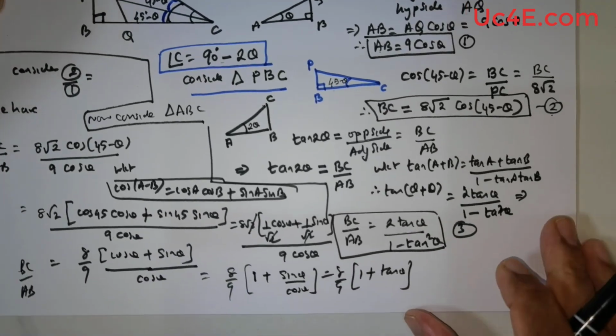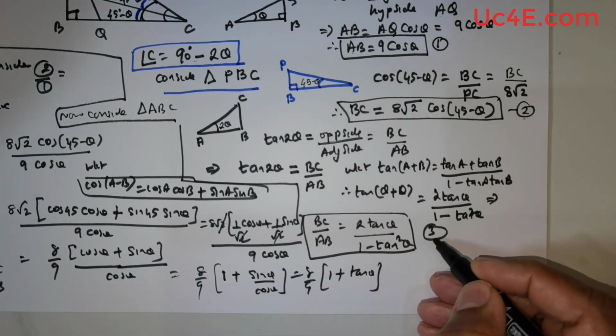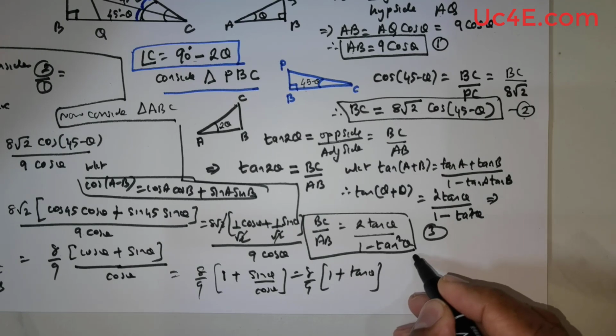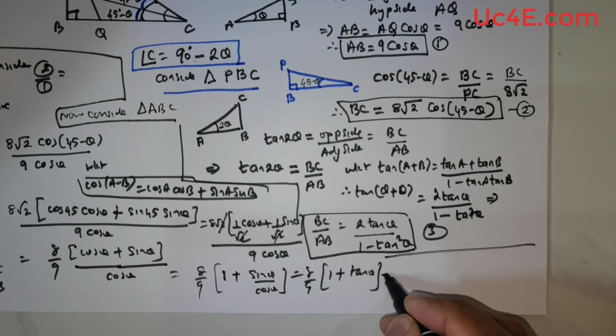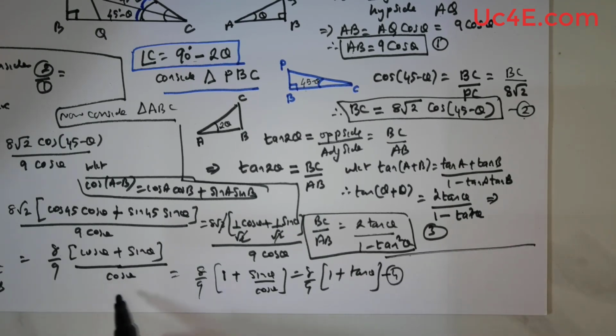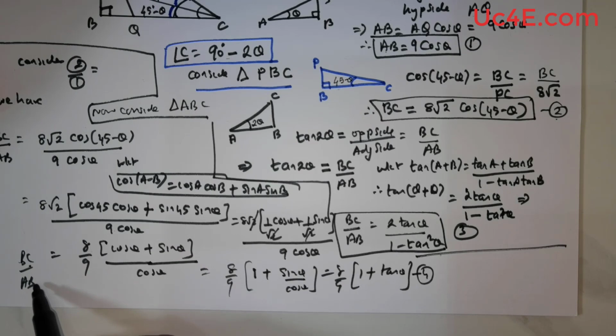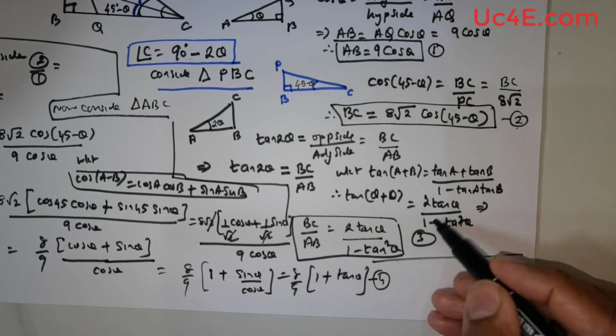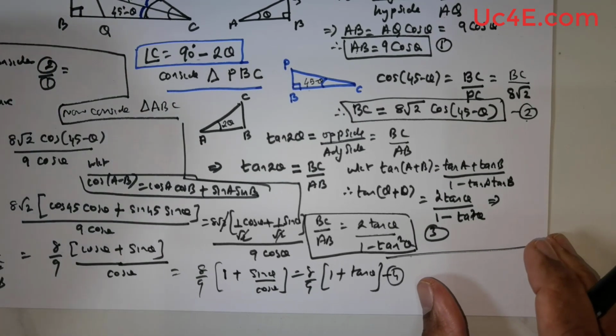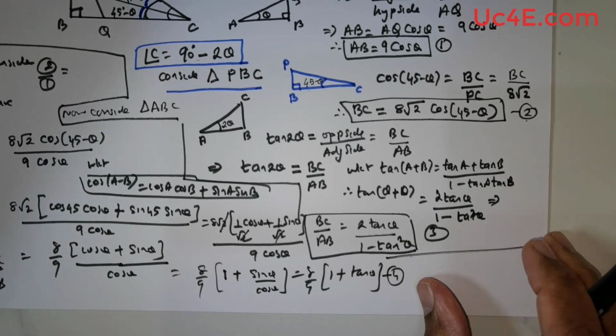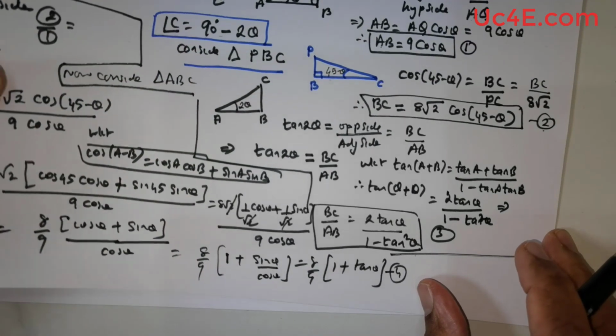But I already have a BC over AB in 3. So if I take this as 4, I can equate this part, BC over AB in 4, with the 3. So let me go to the next page and do that.